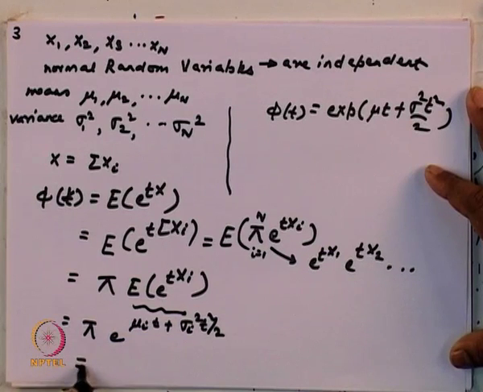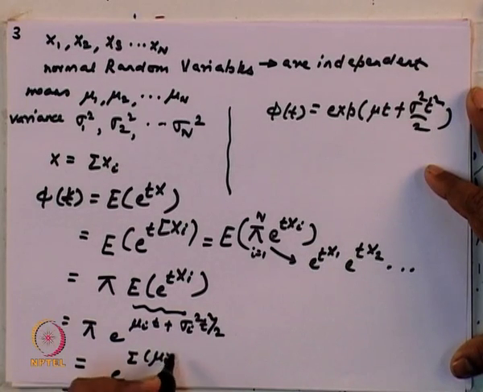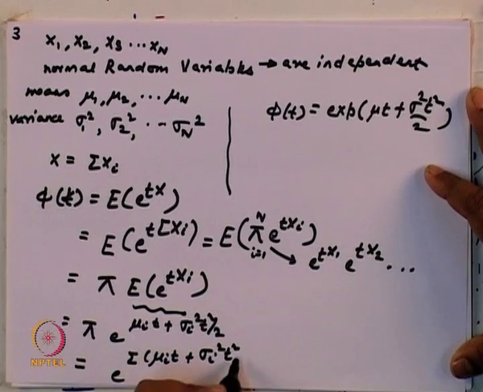So eventually you will get this phi of t as e to the power summation of mu_i t plus sigma_i square t square by 2.